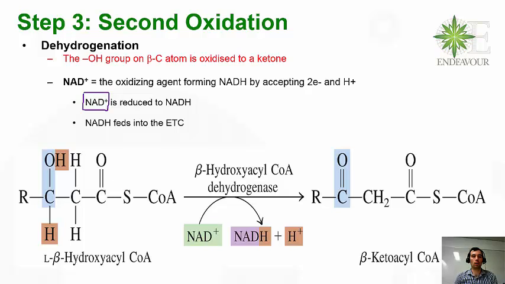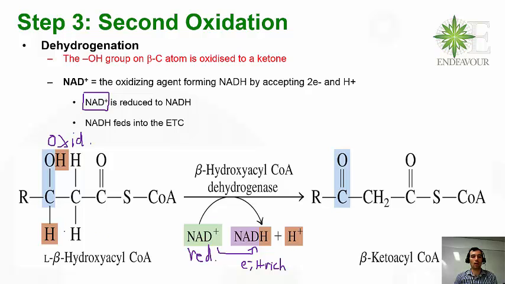So this reaction is very much the same as in step 1. We have the oxidation of the reactant, and that is being oxidized by our coenzyme, which is reduced to the electron and hydrogen rich form, which is NADH.